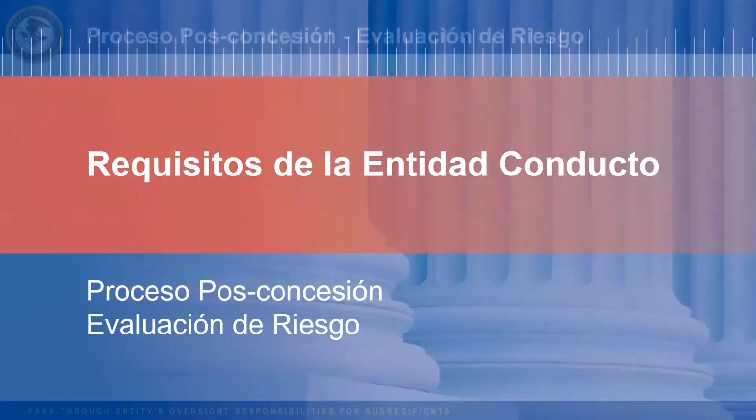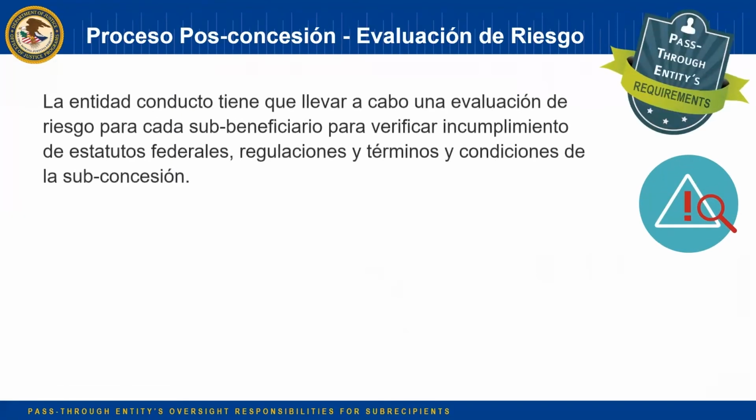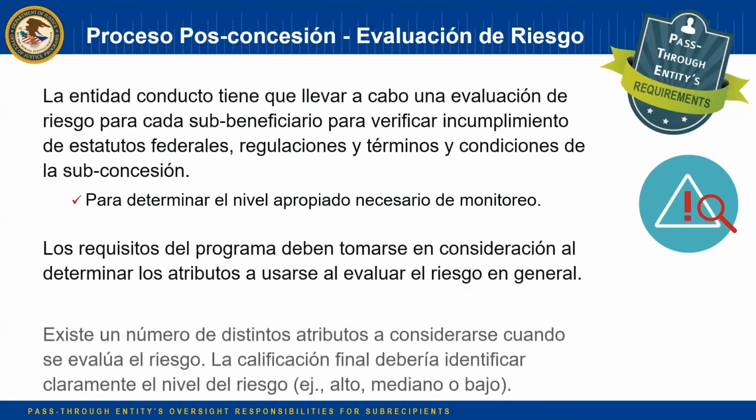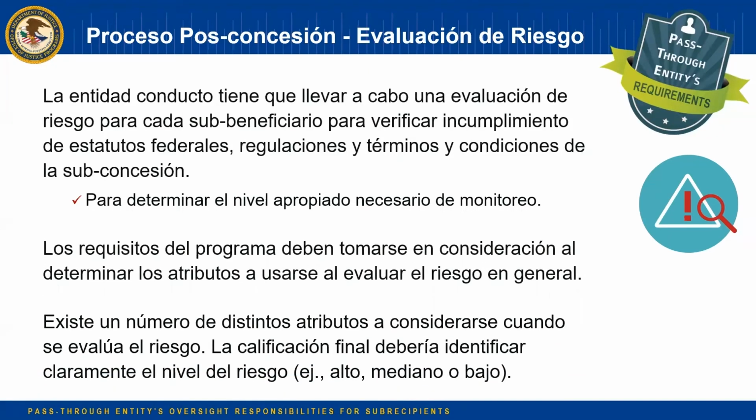Next slide, please. According to the uniform guidance, the pass-through entity is now required to perform a risk assessment of each subrecipient for non-compliance with the federal statutes, regulations, and terms and conditions of the award, okay?